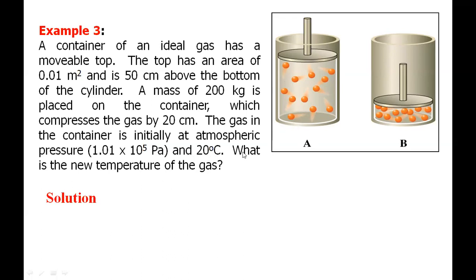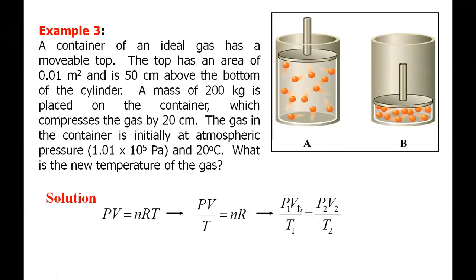What is the new temperature of the gas? In the solution, we will start from the ideal gas law. PV equals nRT and PV over T equals constant.